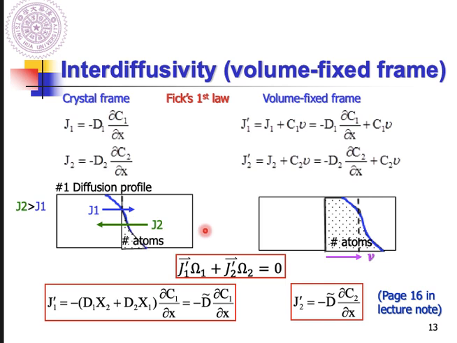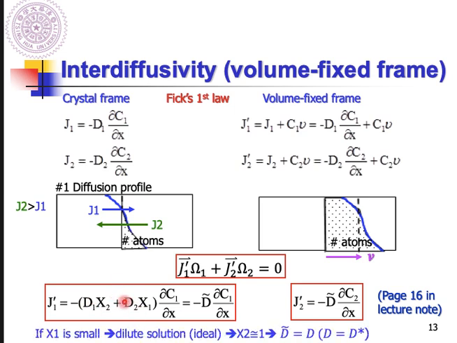In most cases, when you have a diffusion couple, the diffusivity we can measure is the interdiffusivity. Based on this equation, interdiffusivity is a concentration-dependent diffusivity. It will change with the composition of the component.